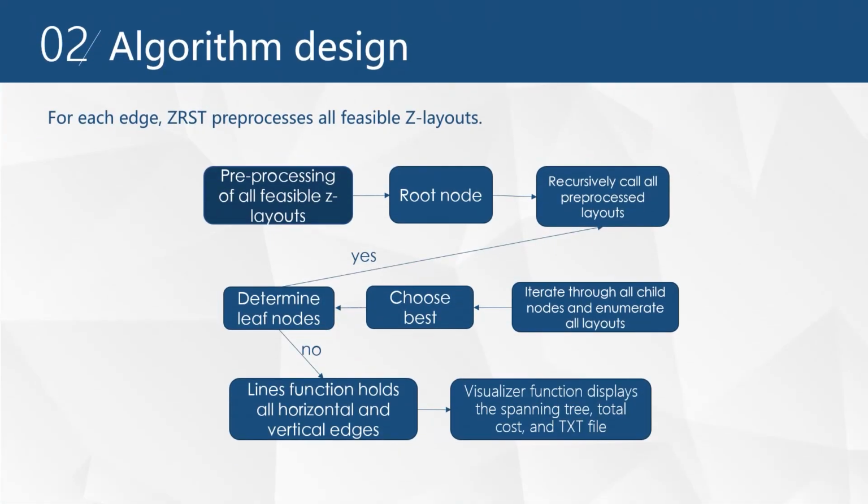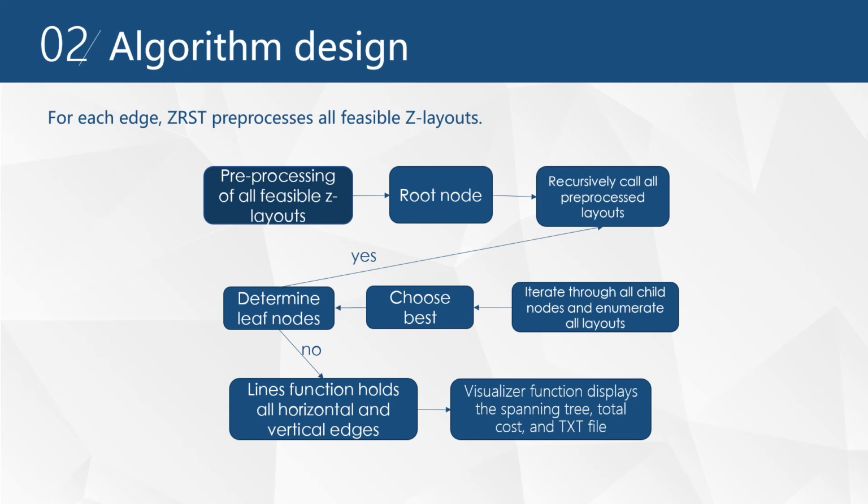Then there is the ZRST algorithm. For each edge, ZRST processes all feasible Z layouts. Since the Z layout can be uniquely identified by its inflection point, it is possible to represent a layout by saving the coordinate of this inflection point.